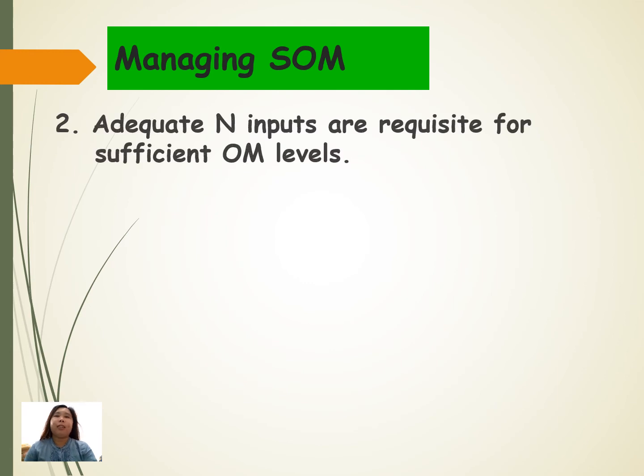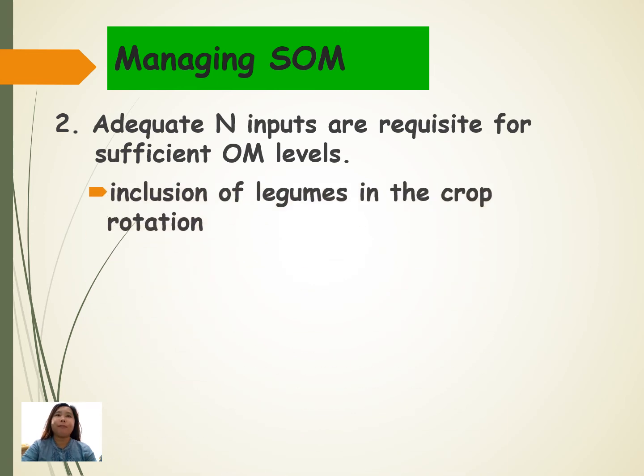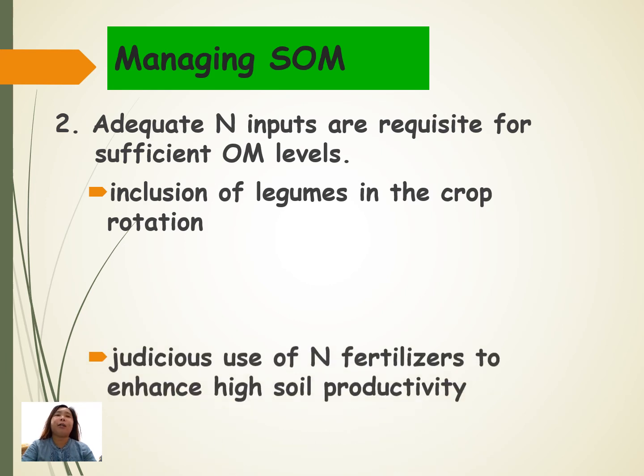What else? You should apply adequate nitrogen inputs because they are requisite for sufficient organic matter levels. And you could plant legumes or include legumes in crop rotation because we all know that leguminous crops can fix nitrogen from the atmosphere with the help of nitrogen fixing bacteria.